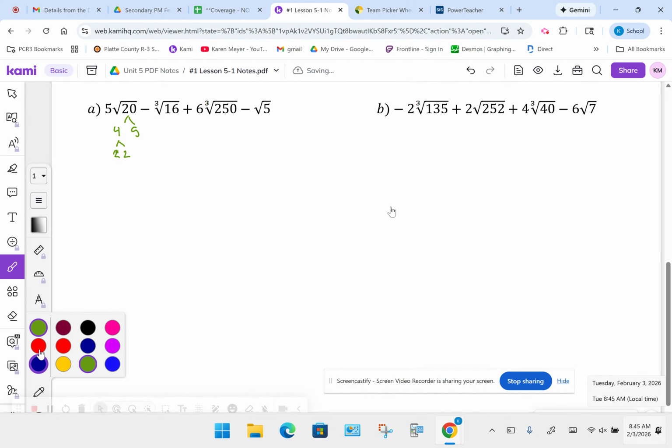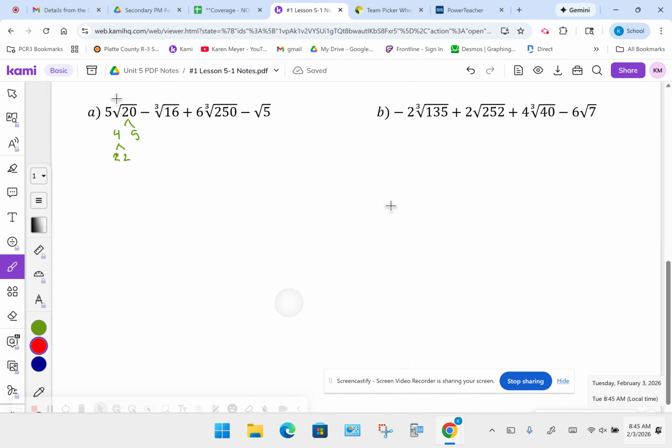Now this problem, you'll notice it doesn't have an index number. If it doesn't have an index number, that means it's a square root. And if it's a square root, the index number is a 2. So now we're looking for pairs. So I have a pair of 2's and a leftover 5. So that means I get to put a 2 on the outside.